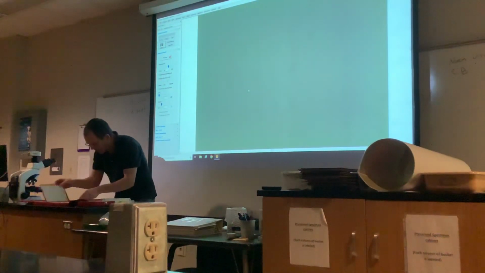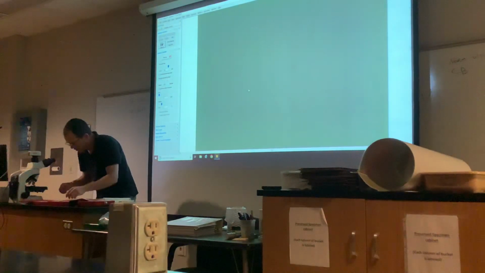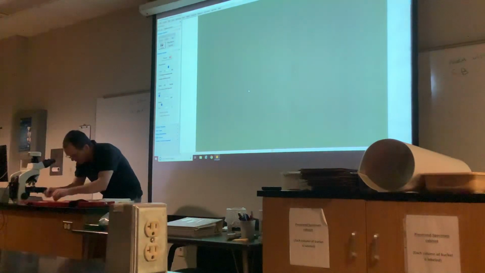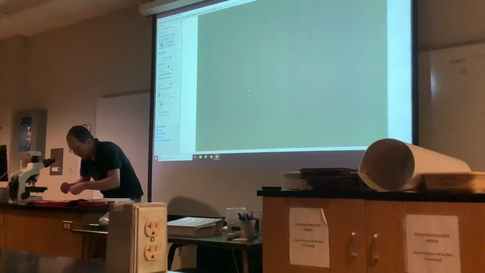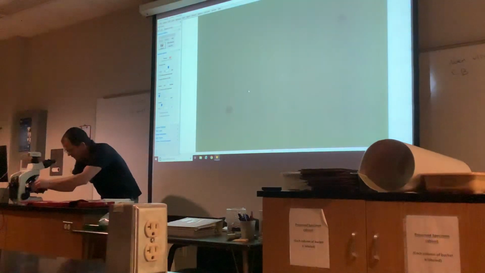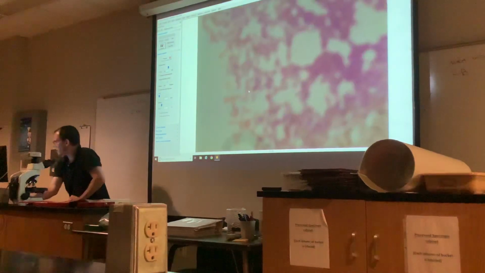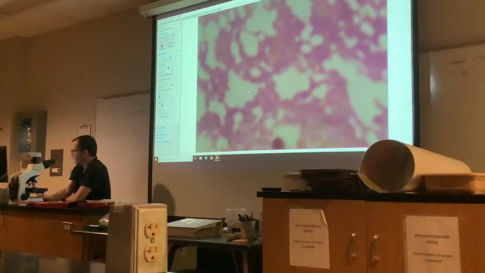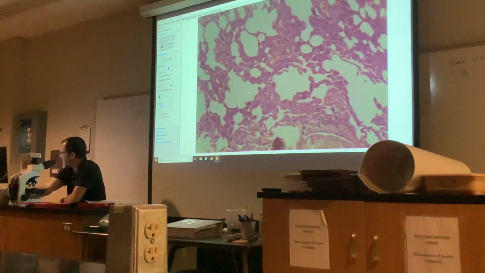So I'm going to compare that to the lung, which is number 19. And we'll see what we can do. This is still the same level of magnification as that salivary gland was on.